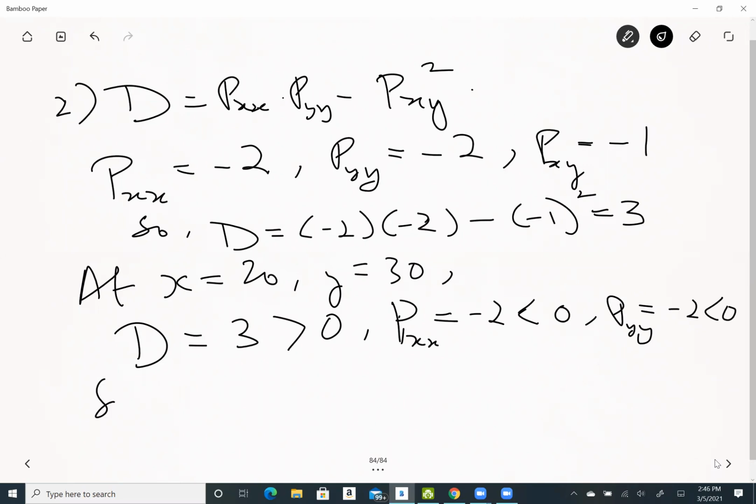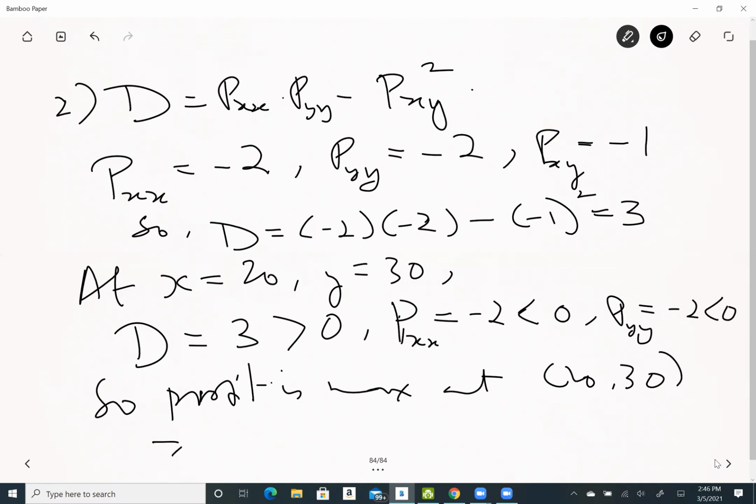So profit is maximum at (20, 30). So now you finish up. You find the profit at that point, and then you describe the point.